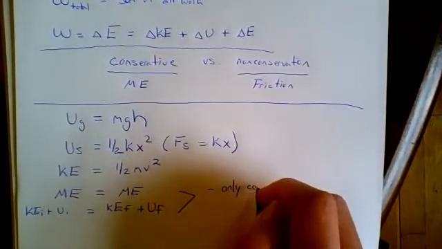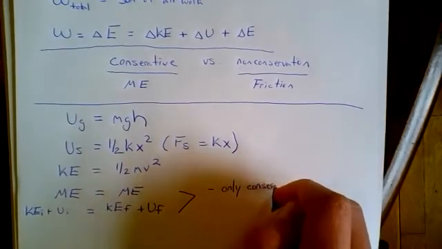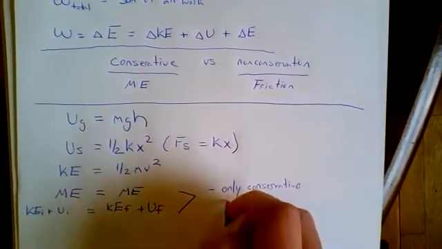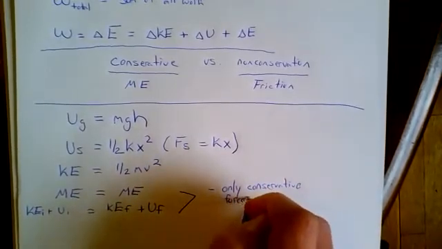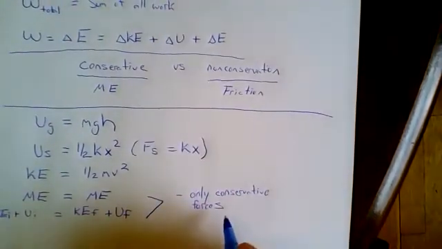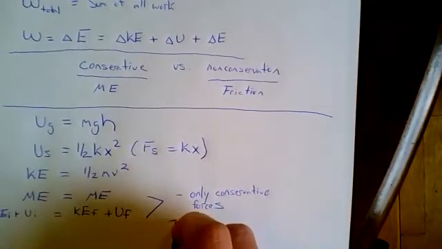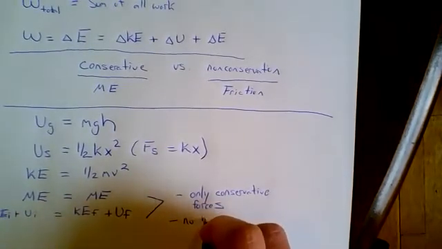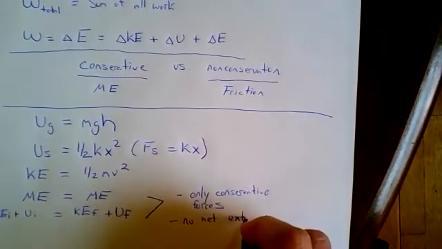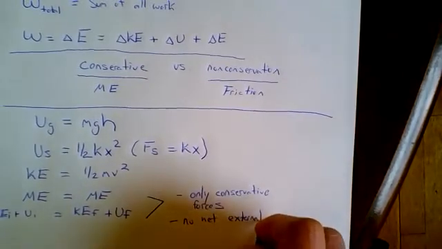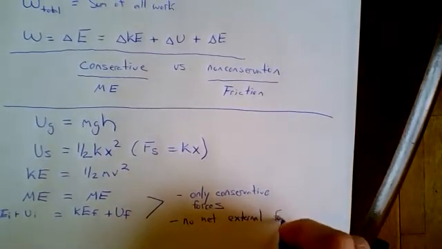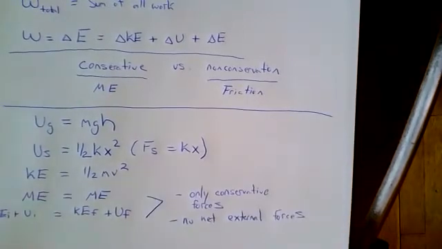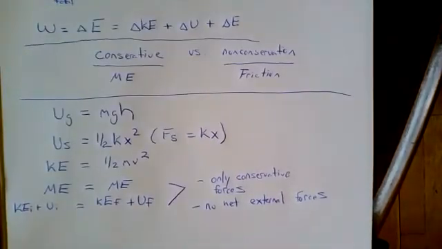Only conservative forces, so we have to be dealing with kinetic energies, potential energies, things like that. And there has to be no net external forces, whatever we define our system as, to be able to use our conservation law.